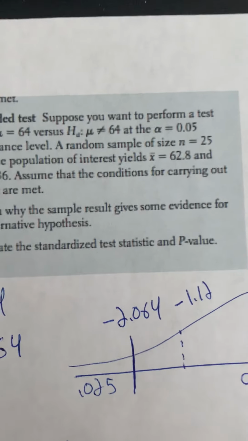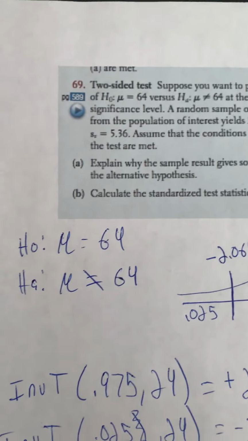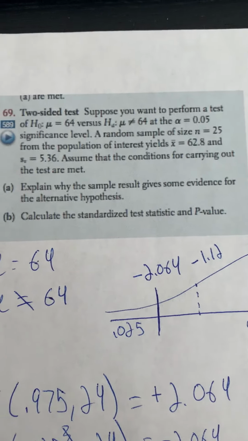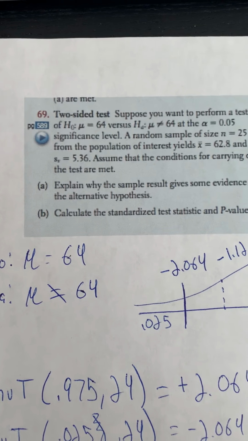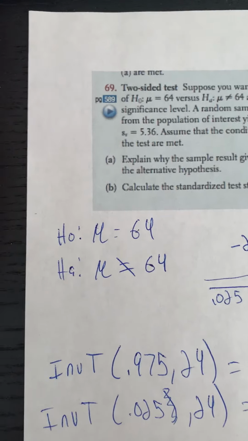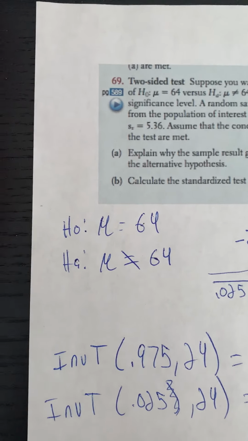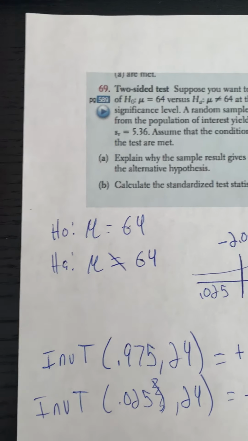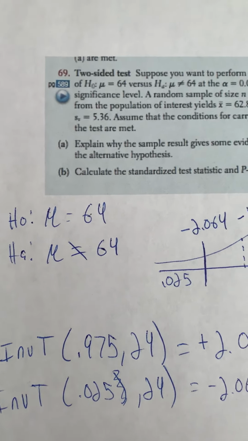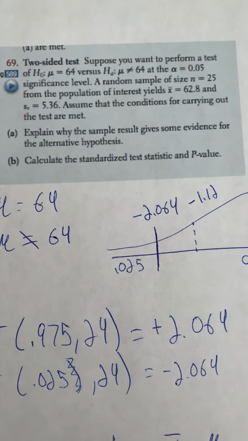So this is some evidence that the alternate hypothesis is true. This is some evidence that the true mean for whatever variable they're measuring here is not equal to 64. Is it strong enough evidence to reject the null hypothesis that the population mean is equal to 64? Well, that's what we're going to be doing in the second part.